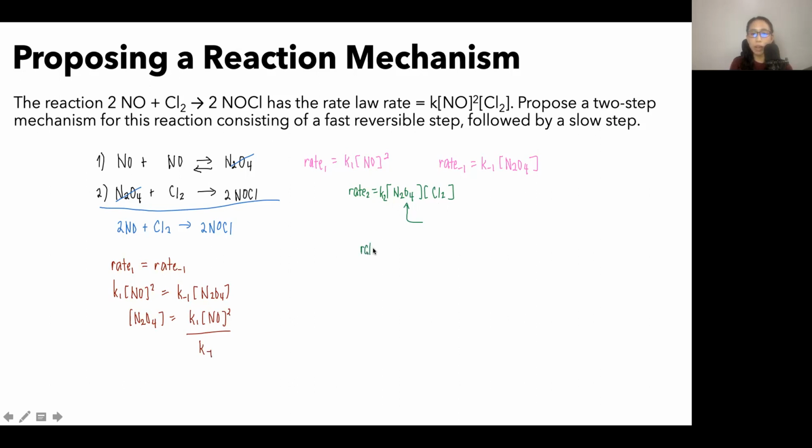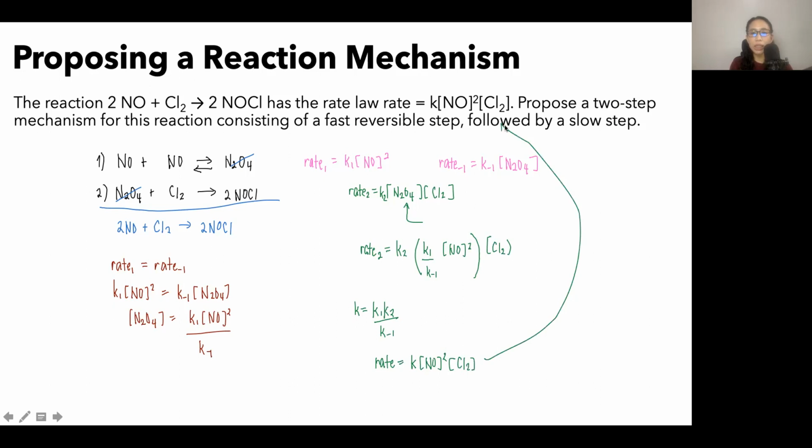So we have rate equals K2 times K1 over K-1 times NO squared times Cl2. Let K be K1 times K2 over K-1. We now have the overall rate law. So rate equals K times NO squared times Cl2, which is the same as the experimental rate law. So this proposed mechanism is plausible.